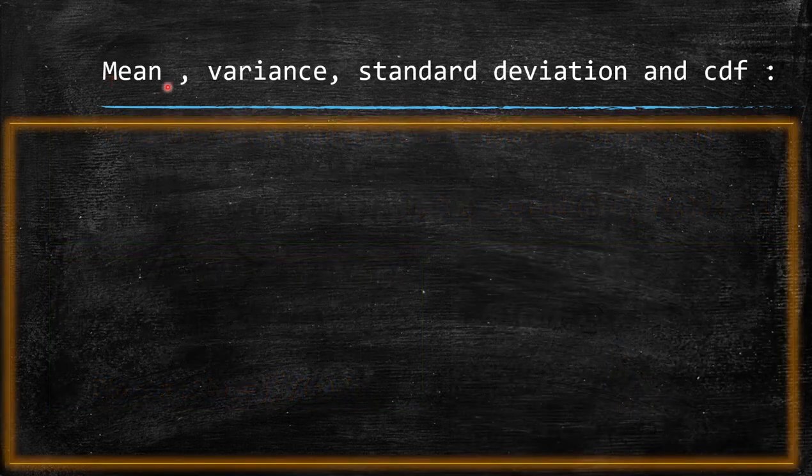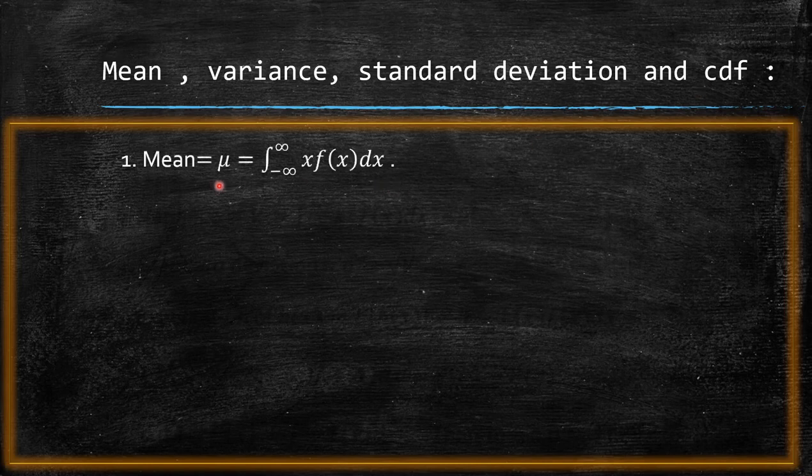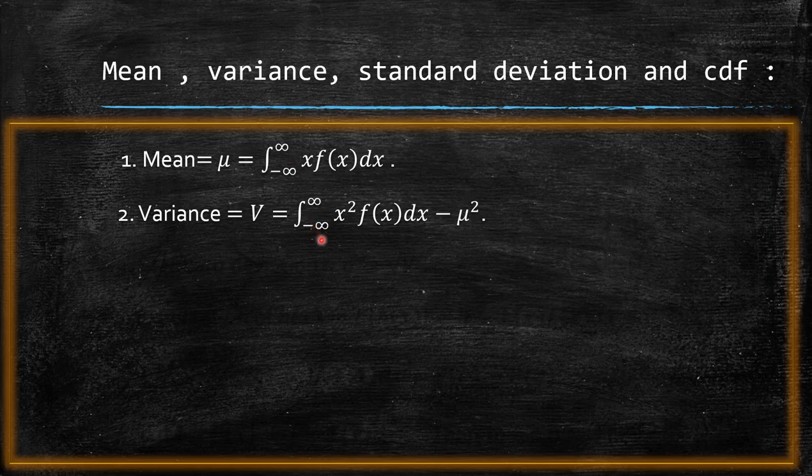Next, similarly, we take mean, variance, standard deviation and CDF for continuous probability distribution. The thing is here, the summation is replaced by integration. Mean, mu is equal to integral x f of x between minus infinity to infinity. Variance, v is equal to integral minus infinity to infinity x square f of x dx minus mu square.